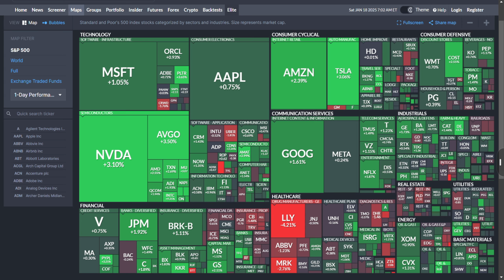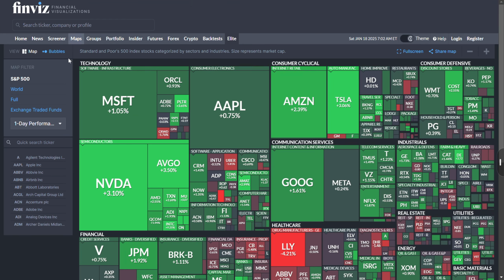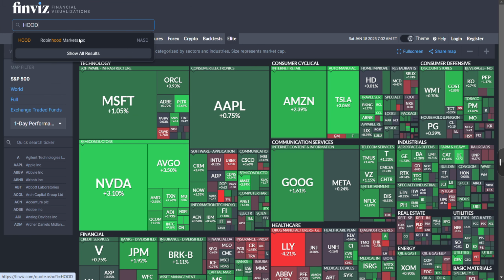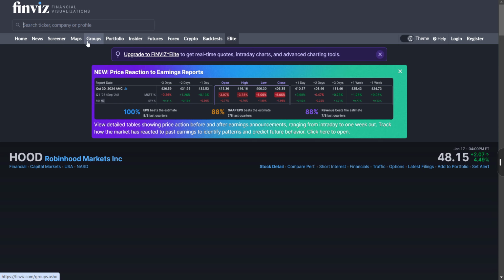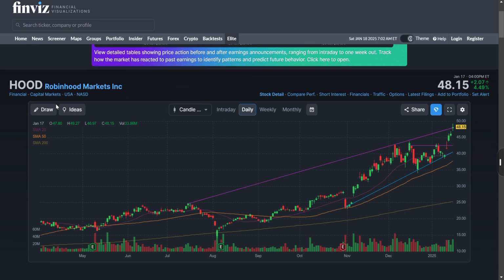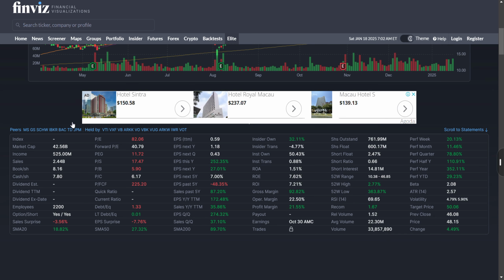Well, next, if you look at fundamental analysis, this is one that will result in people wanting to buy or sell these stocks. So let's take a look at Robinhood. If you look at fundamental analysis, some people believe in the company's financial health.